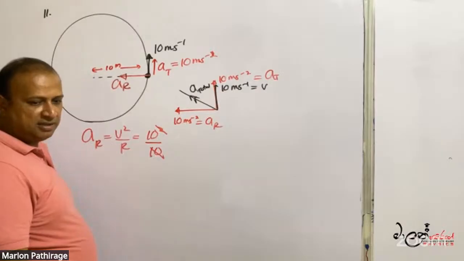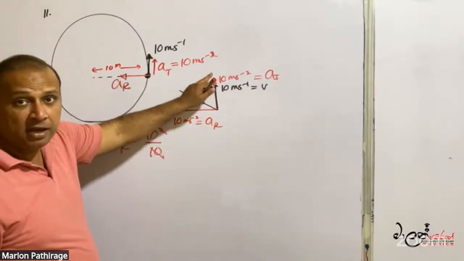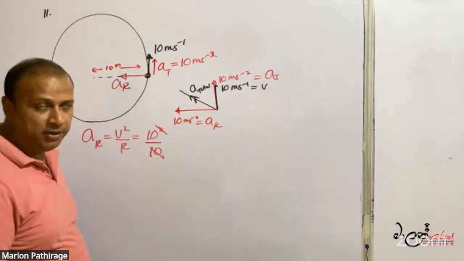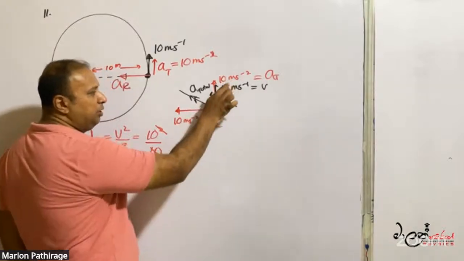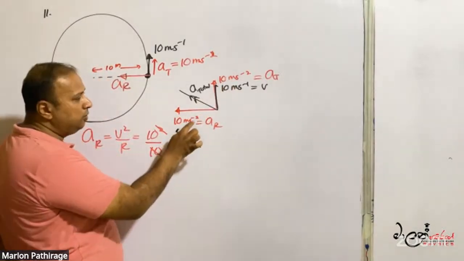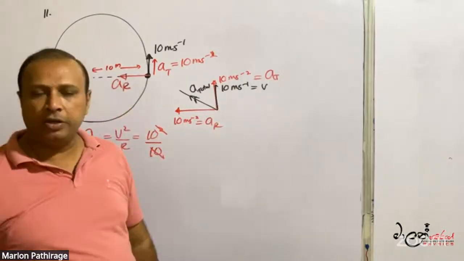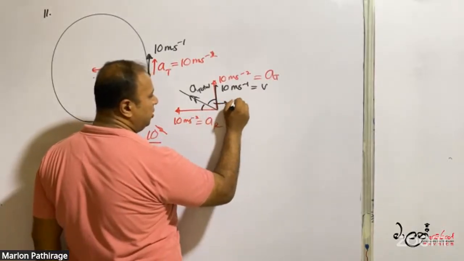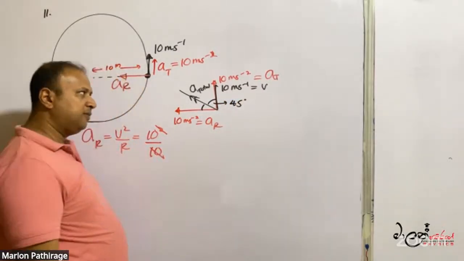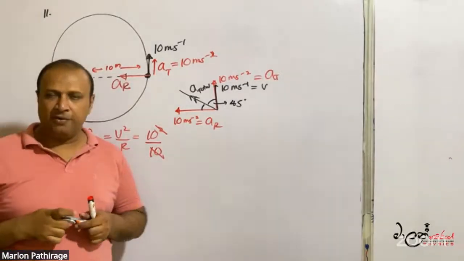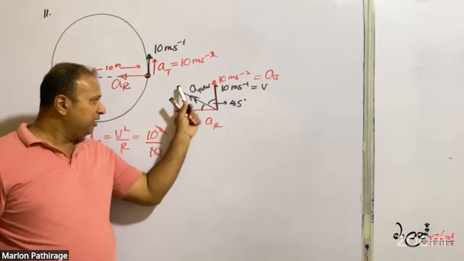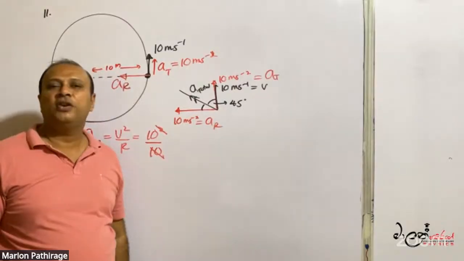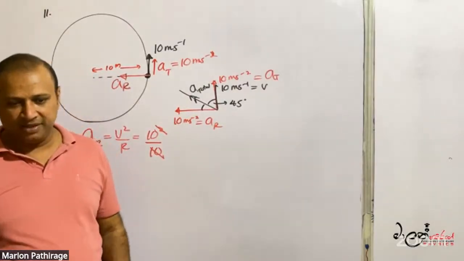This is the resultant acceleration. Definitely the angle between the resultant acceleration and one of these components should be 45 degrees, because both are equal in magnitude and perpendicular to each other. Therefore, the angle between the resultant acceleration and the velocity should be 45 degrees. Is that clear?